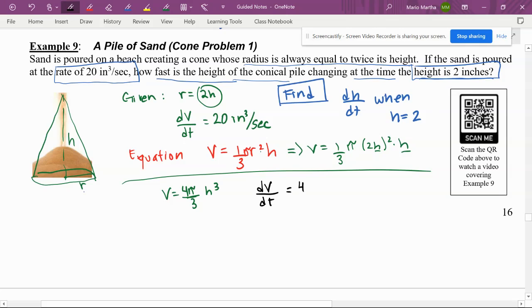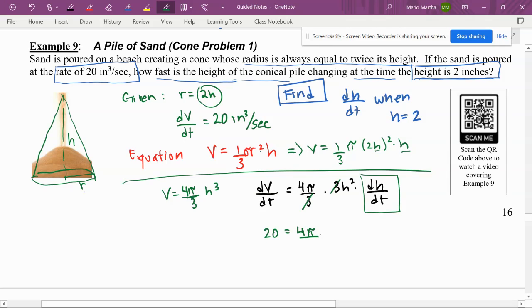dV/dt equals 4 pi over 3, which is a constant, times 3H squared times dH/dt. All right, and then we start to do our substitution, so we're able to solve for dH/dt. Here dV/dt is equal to 20 equals 4 pi over 3, and actually, this 3 cancels with that one nicely, right?